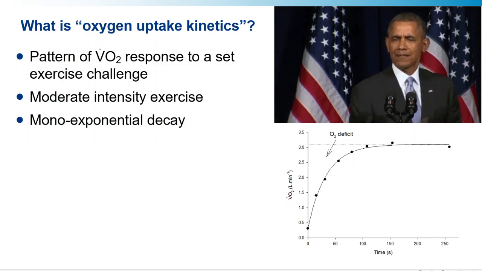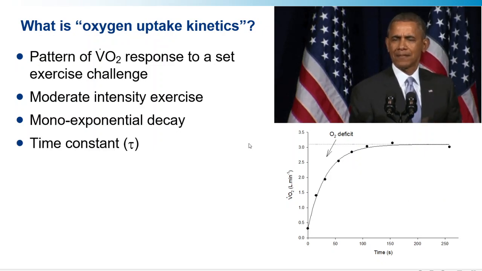What that actually means in the case of VO2 kinetics is when you start exercise, the mono-exponential decay actually goes upwards, which is what you're seeing here in the slide. So the VO2 response rises and reaches a steady state. We'll discuss this in a bit more detail in a moment. But if you stop exercise, it will then decay back downwards in a mirror image fashion.